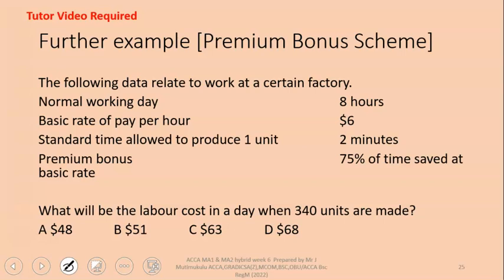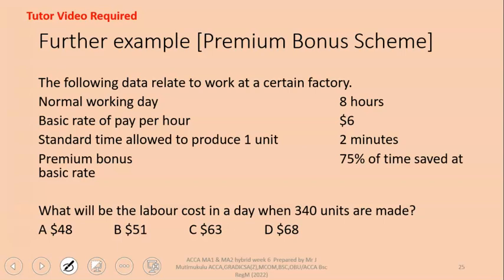The following data relate to work at a certain factory. Normal working day, 8 hours. Basic rate of pay per hour, $6. Standard time allowed to produce 1 unit, 2 minutes. Premium bonus, 75% of time saved at basic rate.